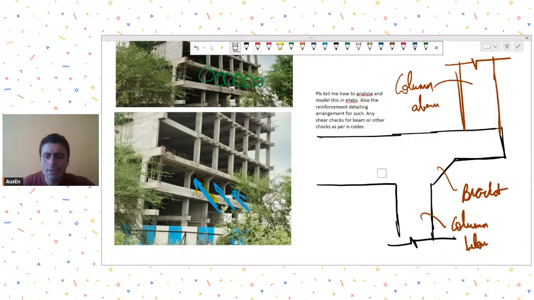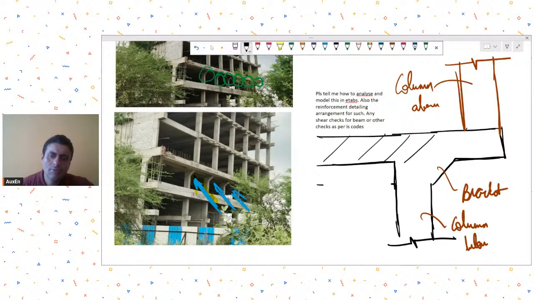Actually, this image is not very proper. Let me just make it better, because it's a part of this column itself. It is like this. So this is your cantilever sort of beam that has been taken straight, and then this is the column flaring that has been made. So this is a bracket or column that has been flared over here.